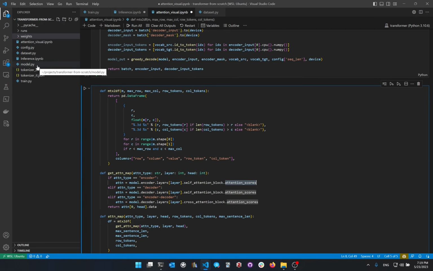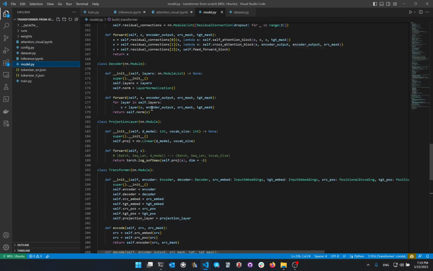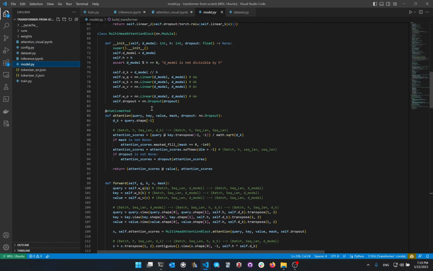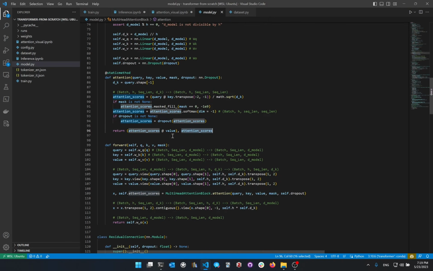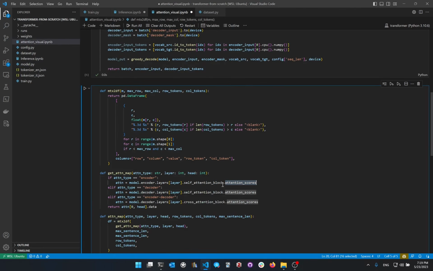If you remember, when we defined the attention calculation here, when we calculate the attention, we not only return the output to the next layer, we also give this attention scores, which is the output of the softmax. And we save it here in this variable self.attention scores. Now we can just retrieve it and visualize it.